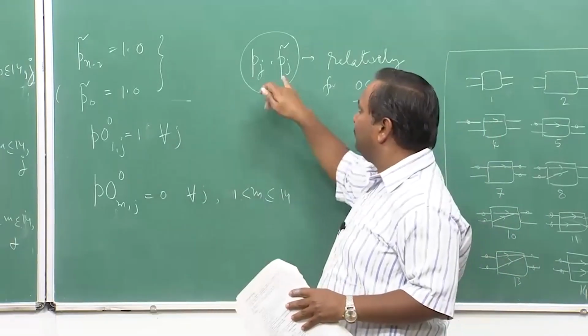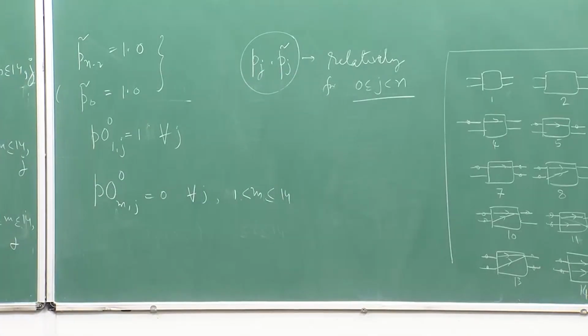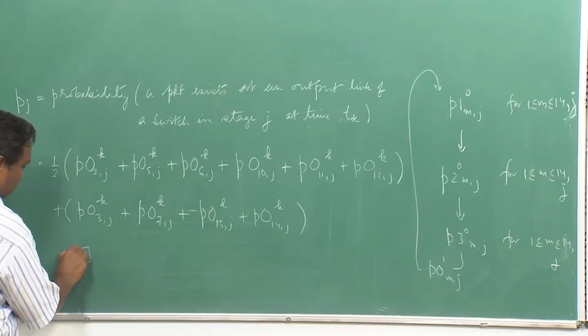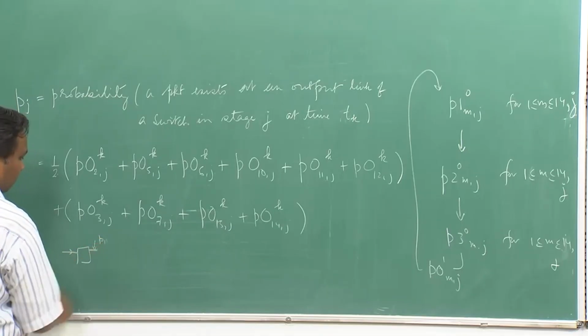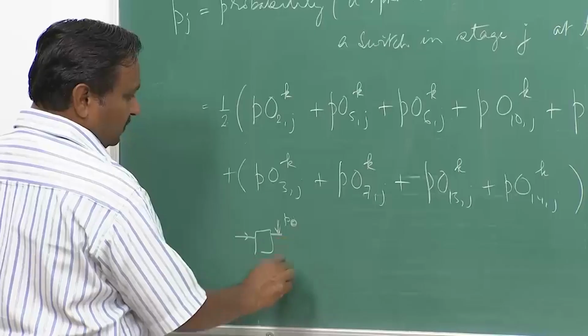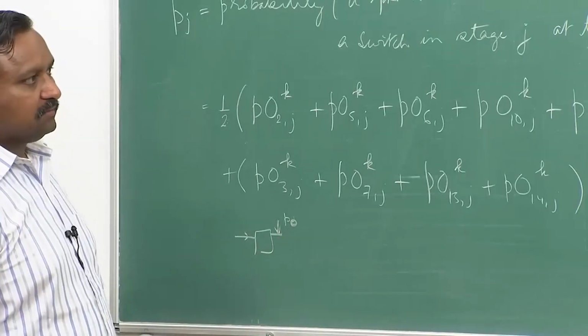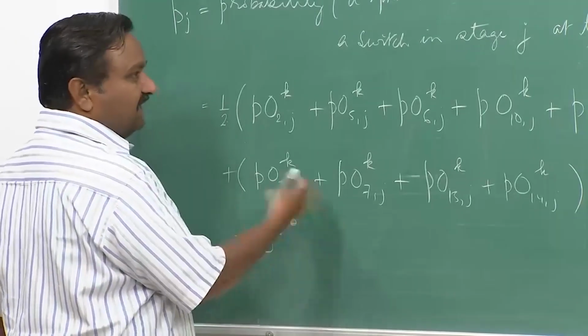This actually means, among your stages, if you look at the first stage, your value of Pj or P1, P0 in this case will be higher. Because this is higher, Pj tilde will be lower.